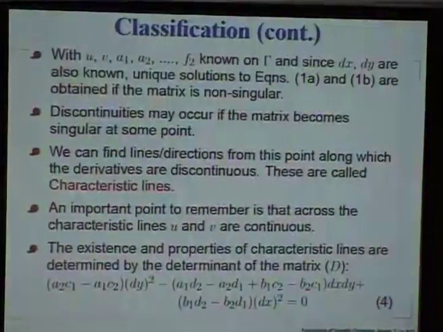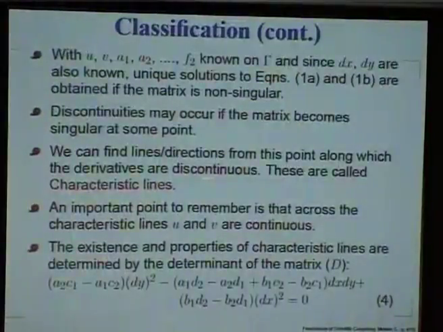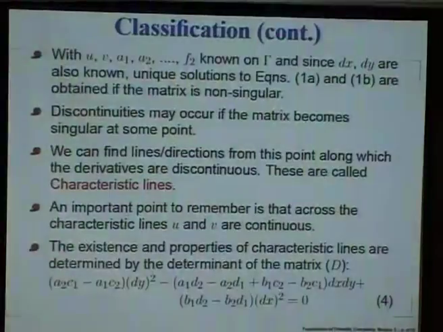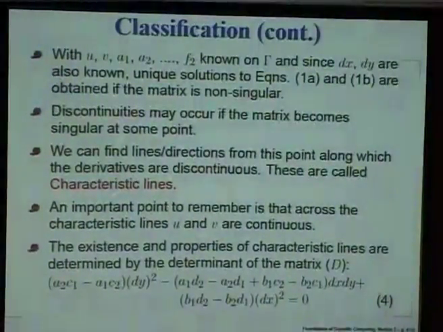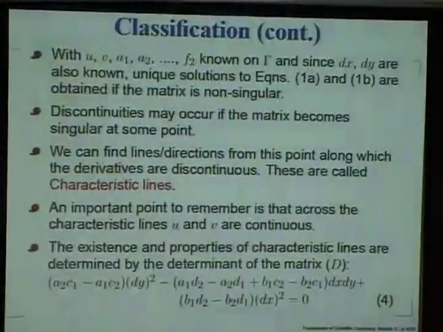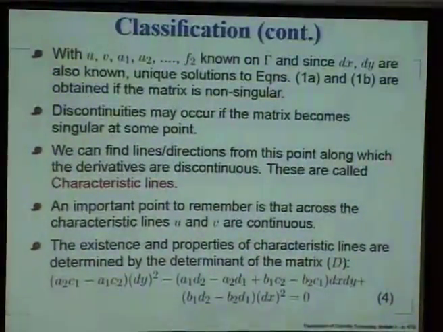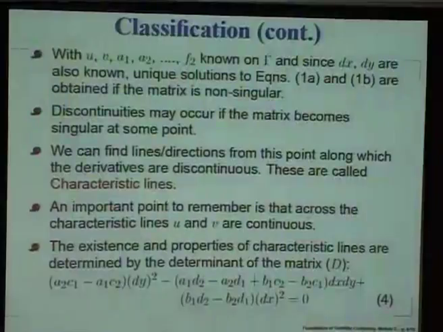If that is happening at a point in the domain, from that point onwards we could work out lines along which this discontinuity can propagate. When such lines exist, we call those lines characteristic lines.